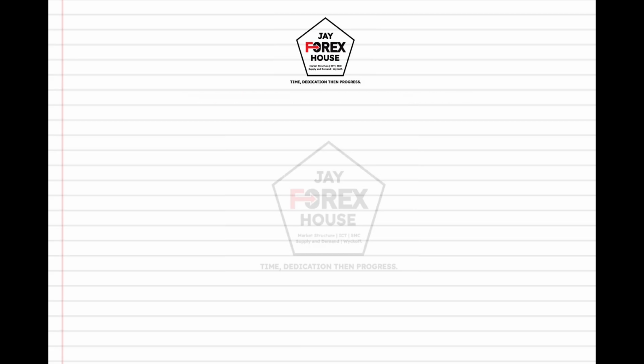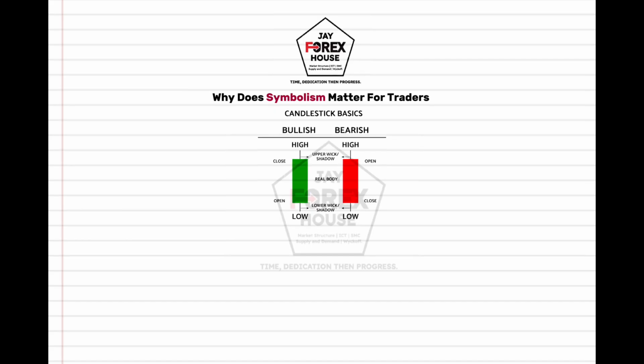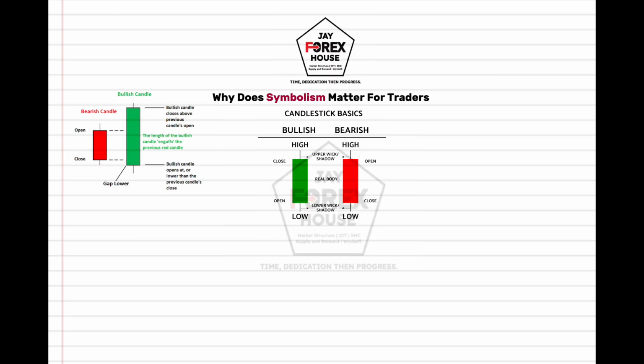Now, why does this matter as a topic? Before we go into the aspect of symbolism, because all this I've been explaining is just the psychological aspect. We'll talk about the grammar of chart. What I mentioned in the earlier aspect when I talked about candlesticks, if you can remember. I would also talk about how we have the engulfing candles and we have trading lines.